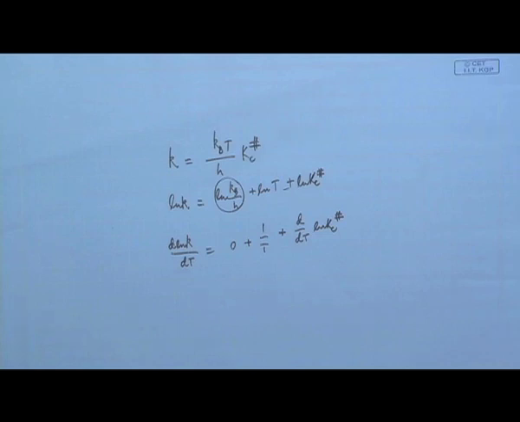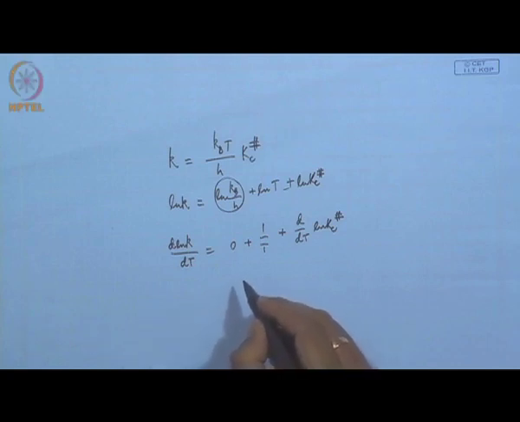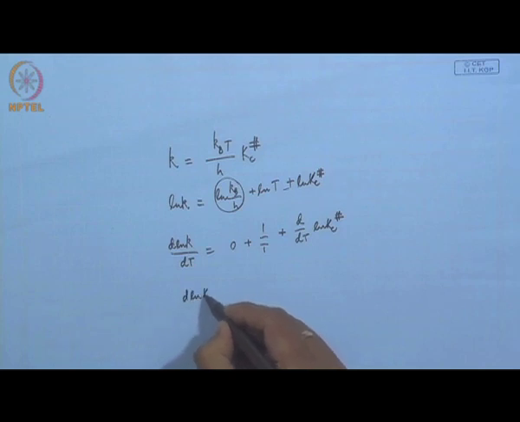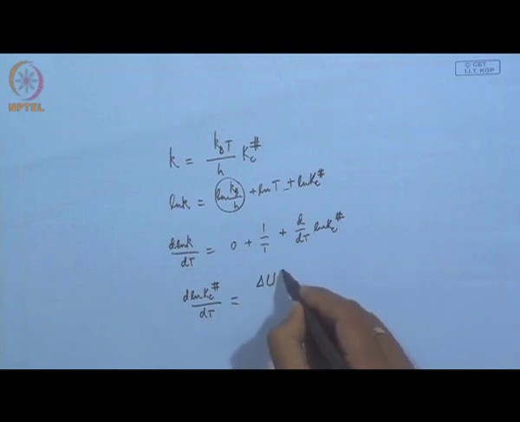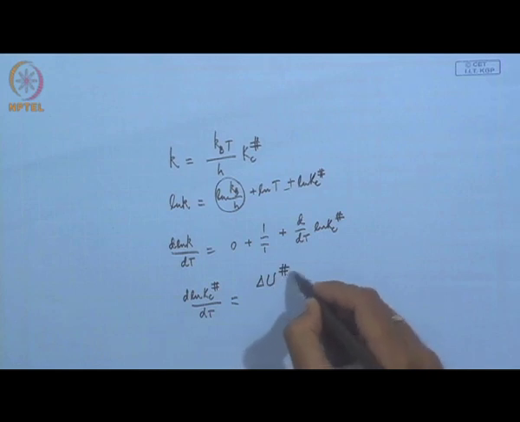We can write d ln Kc double dagger dT is equal to delta E or delta U, whatever. This is called the isochore.